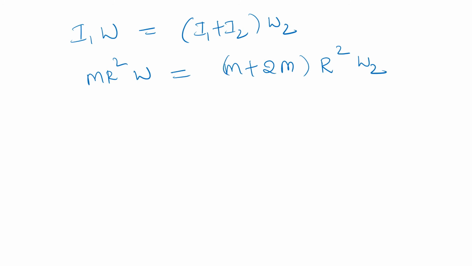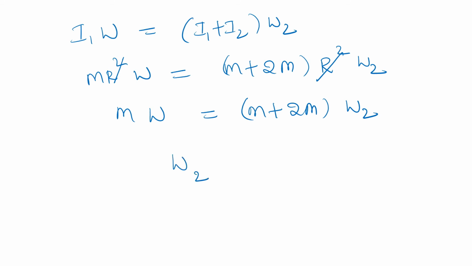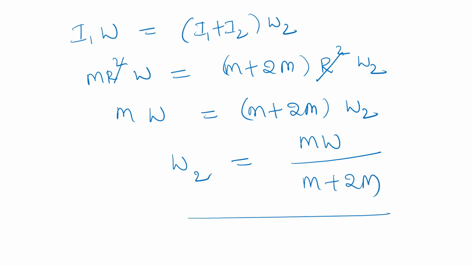So here r square gets cancelled and the remaining is m omega is equal to m plus 2m into omega 2. So omega 2 is equal to m omega by m plus 2m. This is the final expression. Okay, next we will go to the next one.